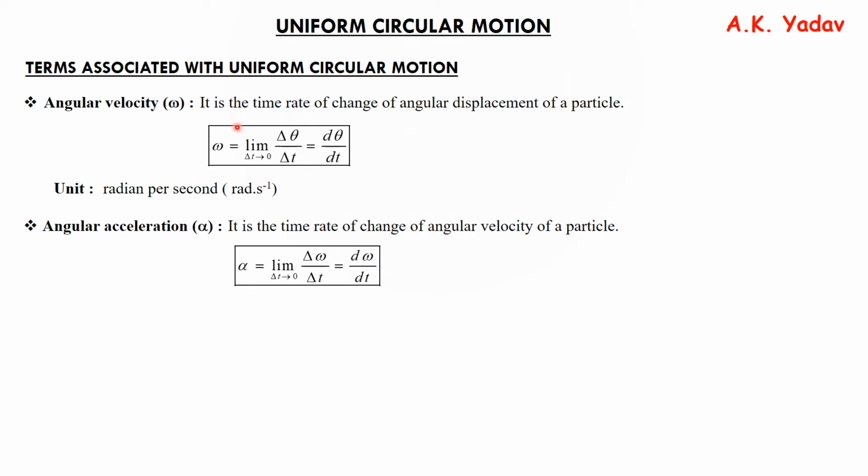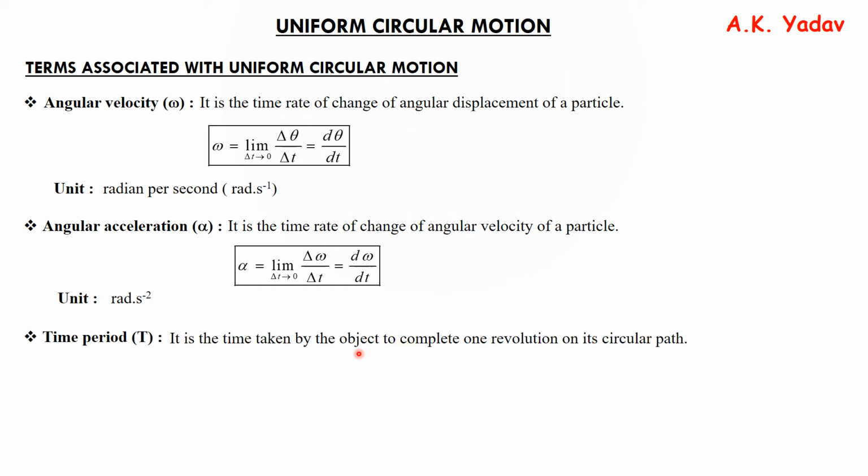Here in angular velocity and angular acceleration, we have taken the limit Δt tends to 0 of Δθ/Δt, and the limit Δt tends to 0 of Δω/Δt. I hope you remember when we did motion in a plane, we explained this part. Although we use ω = dθ/dt and α = dω/dt. The unit of angular acceleration is radian per second square.